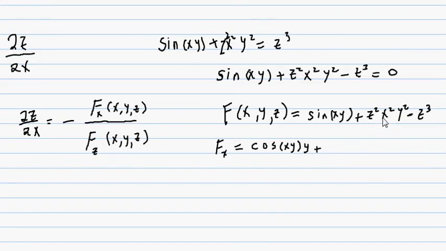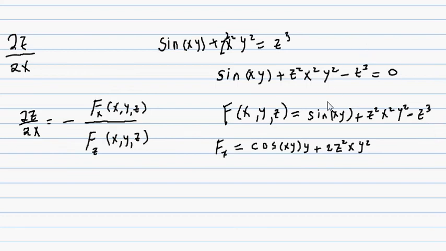Well, obviously, that's just going to become 2z squared x y squared, and then the derivative of this in respect to x is just, of course, going to be 0 because there's no x factor there. So it's just going to be 0.